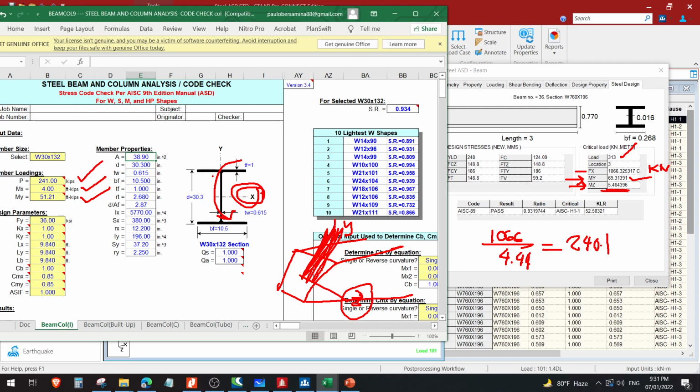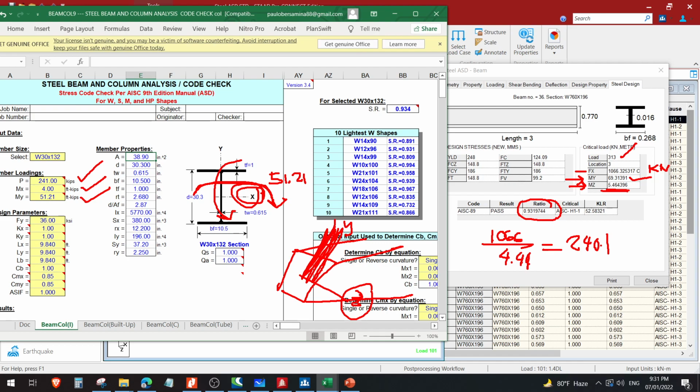So, you can imagine now, kung ito yung column mo, andito yung 51.21. Dito siya nagbe-bend. 51.21. So, ang laki nung na-absorb niyang moment sa weak axis. That's why, kaya mataas yung utilization ratio niya. Nag-absorb siya ng malaking moment.